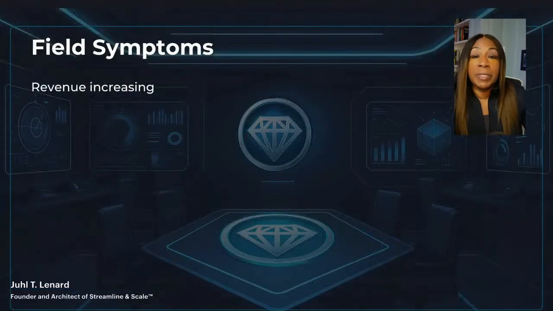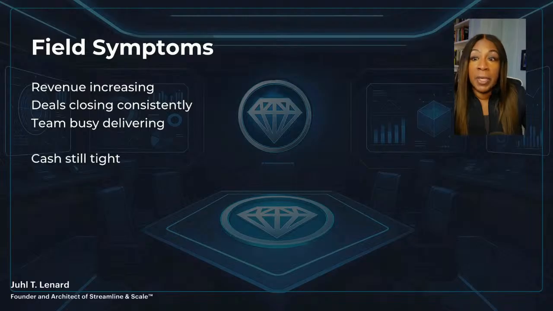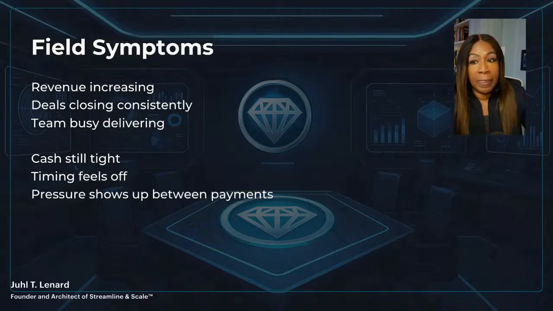The symptoms in the field are things that you observe day to day, right? Revenue's increasing, deals are closing consistently, the team is busy delivering, but cash is still tight. Timing feels off. Pressure shows up.